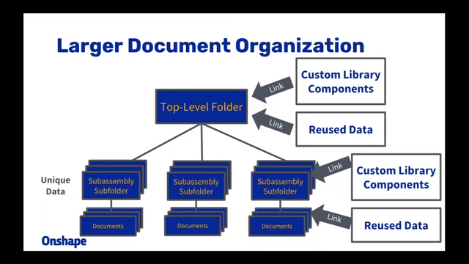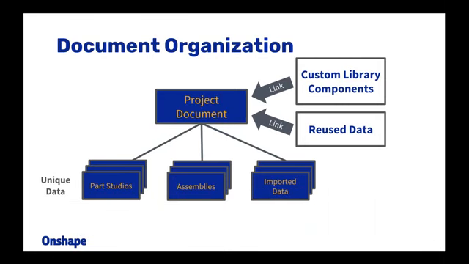So that's something to consider when we start talking about document organization. The simplest example is a single document, and everything project specific goes within that document, and that works well. Again, until you start to really get into hundreds or thousands of parts, where that paradigm just doesn't fit as well, right?